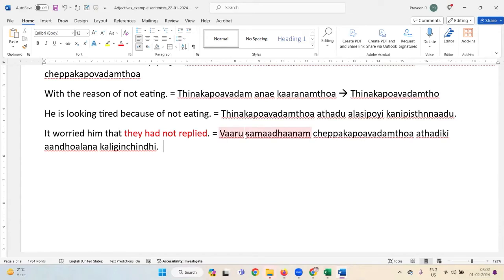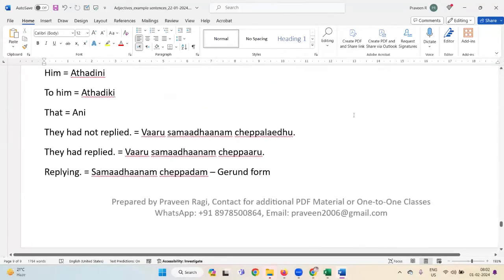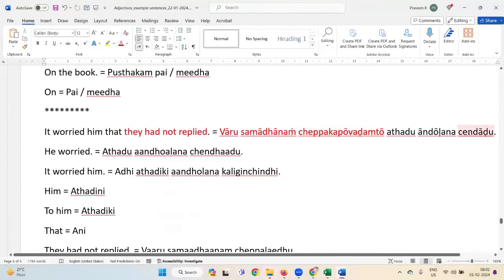Here, చెప్పకపోవడంతో is also not required. We can skip it. In this structure, it is not necessary. I just thought of using 'to' by keeping this 'do' ending, chendadu.